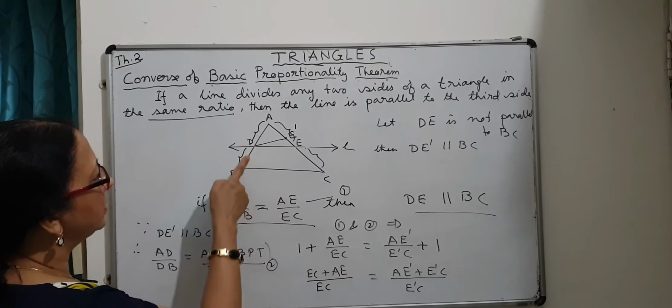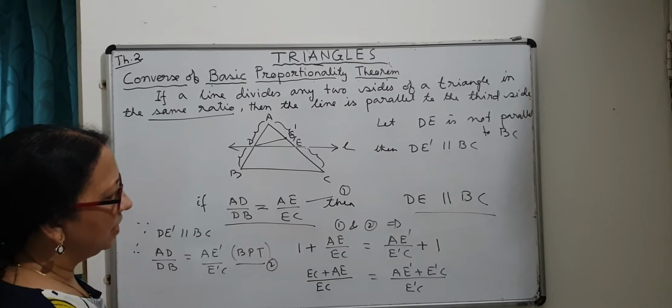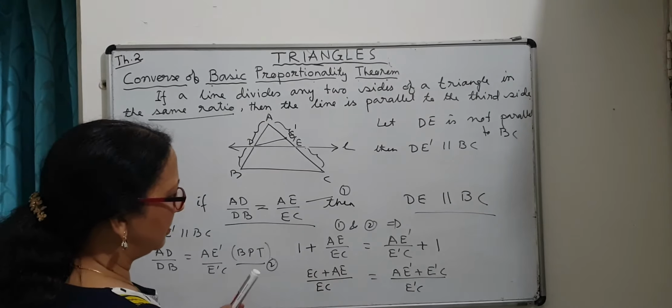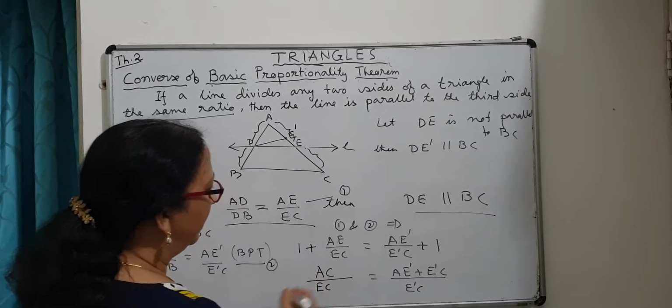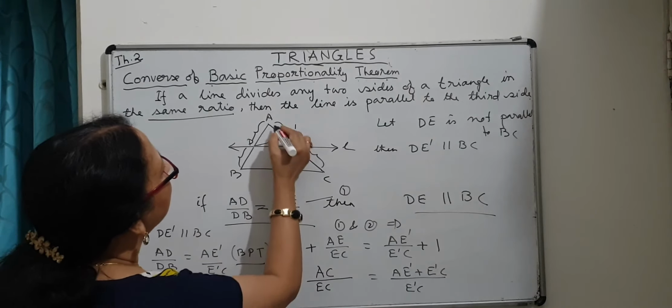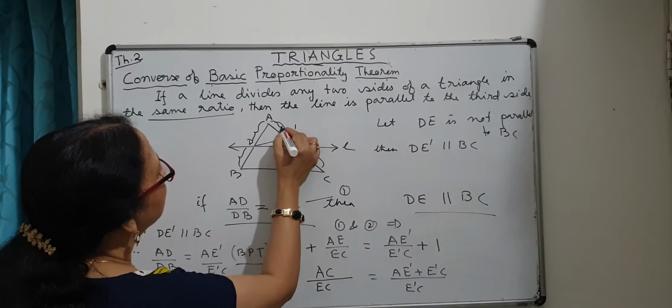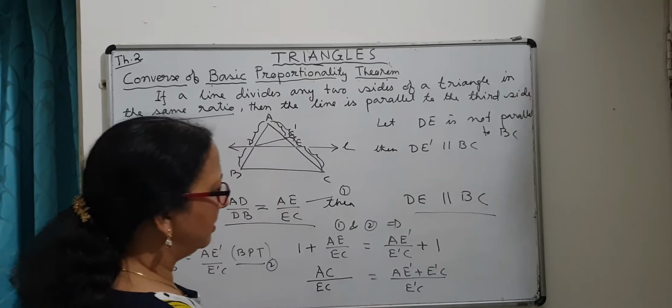What is EC plus AE? This is EC plus AE, nothing but AC. So here I can write AC. And what about AE dash plus E dash C? This is AE dash plus E dash C. This is also AC. So I can replace this.